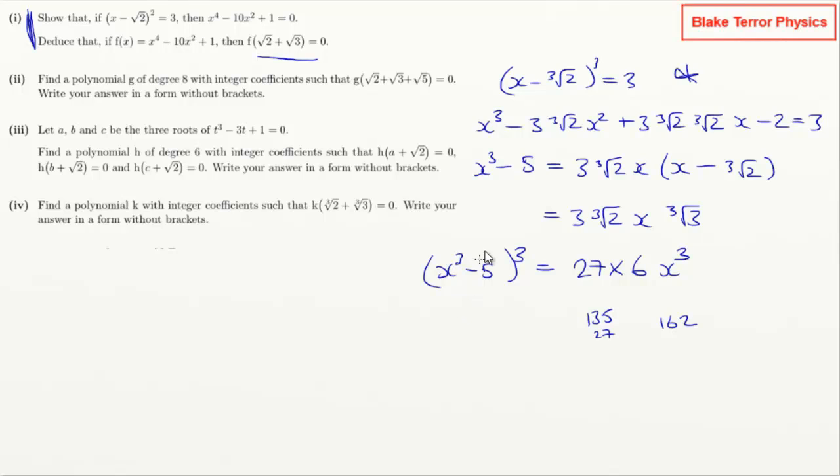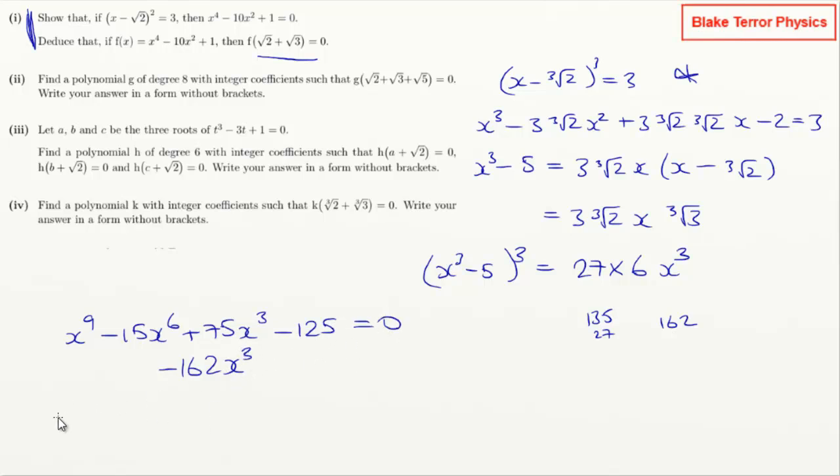So I need to expand out this side. So I've now got x to the 9, and then I'm going to have minus 15 x to the 6. Then I'm going to have plus 75 x cubed, and then I'm going to have minus 125, and then I need to take off 162 x cubed.